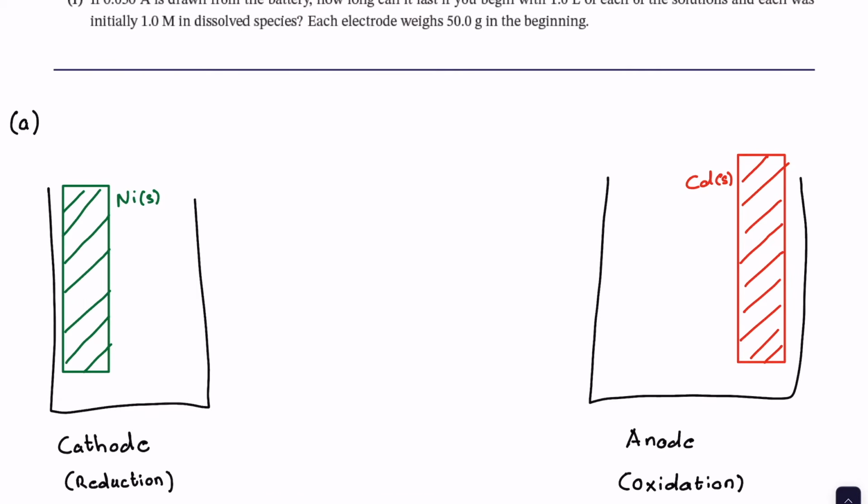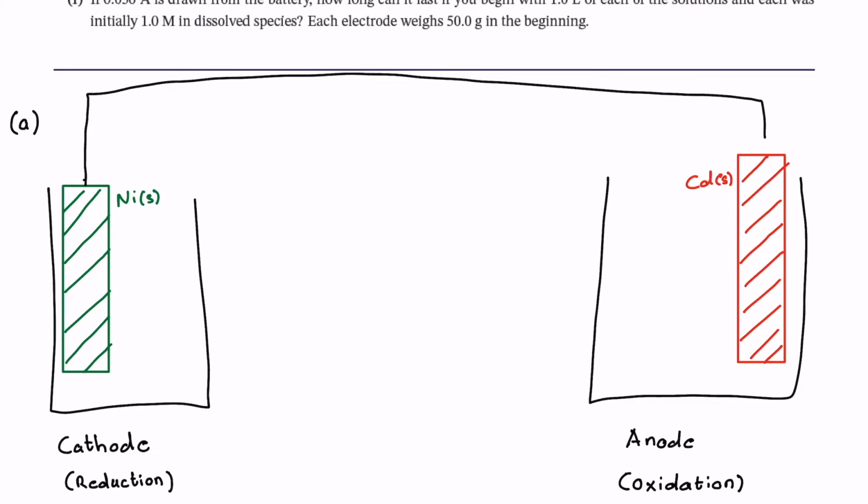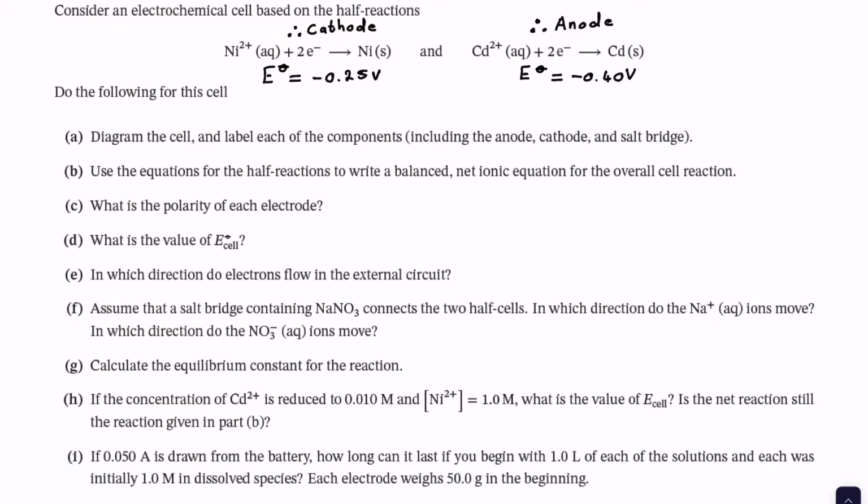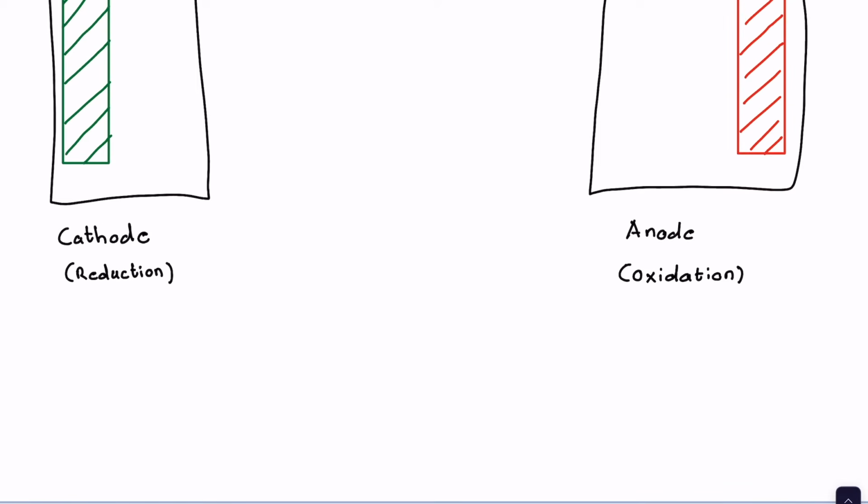Remember, this is just a diagram, so it's not exact. It's not how it's going to really look in real life. This is just to get a broader understanding of that. And these solid electrodes need to be connected, of course, by some sort of wire, that connects them in some kind of manner. And in the beakers themselves, we of course need a solution. So the nickel needs to have nickel 2+ ions, and the cadmium needs to have cadmium 2+ ions.